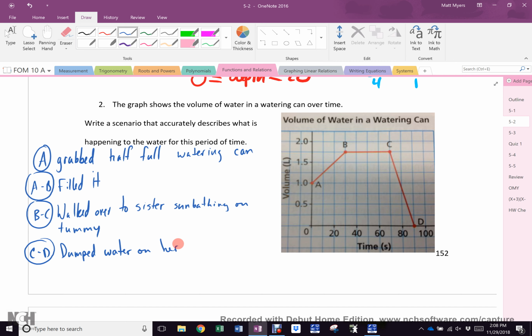Just what is happening to the water in the watering can? I feel your story had some conflict and stuff. Mine does. Ready? It was 1 minute. For those of you that are done, same thing.